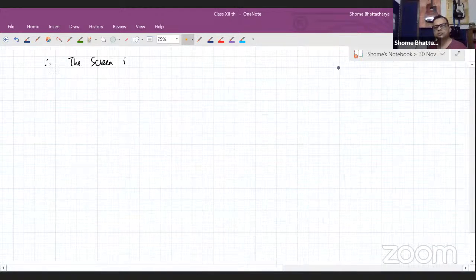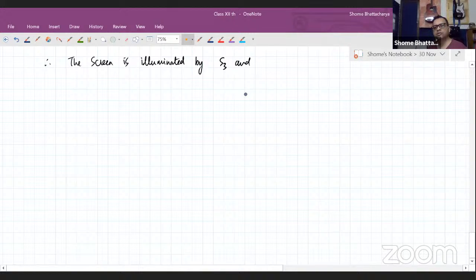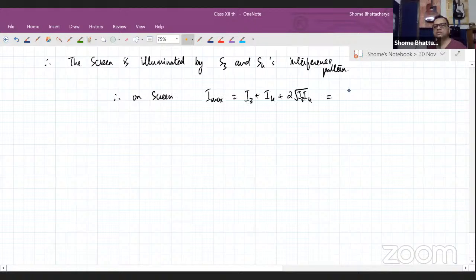So therefore, on the screen, the maximum intensity will be I3 plus I4 plus 2 times square root I3 I4. Or you can write that as root I3 plus root I4 whole square, where cos delta phi is 0.